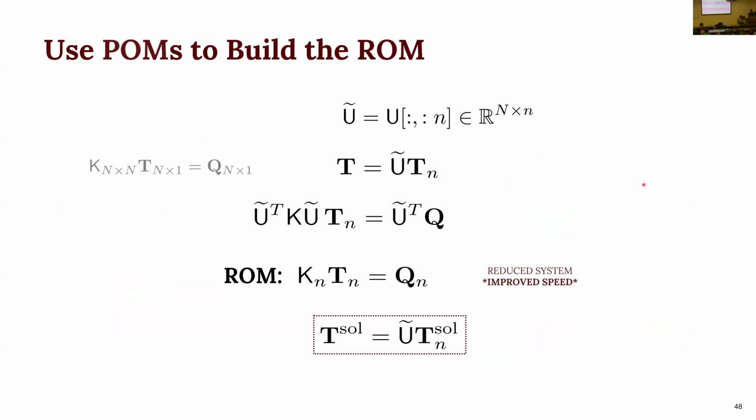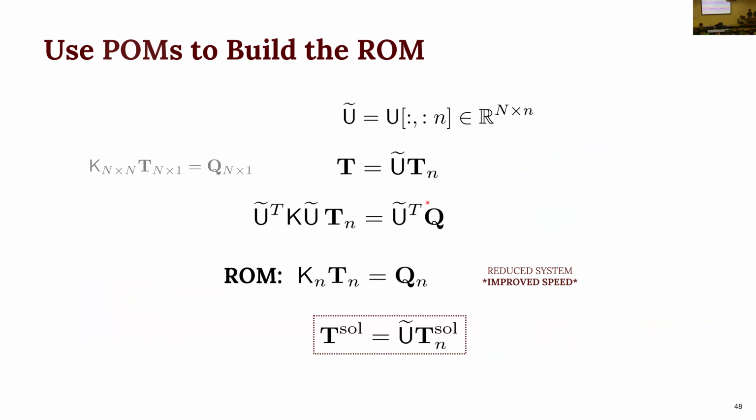So how do we build the reduced order model? We have u tilde, and as I mentioned briefly before, you assume that your solution lies in the subspace defined by the column vectors of u tilde. So you write it like that, and then you substitute this into this equation, right?